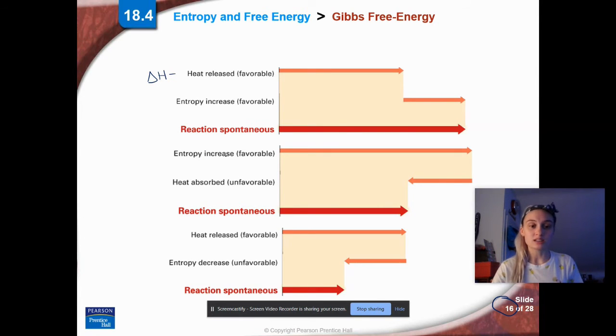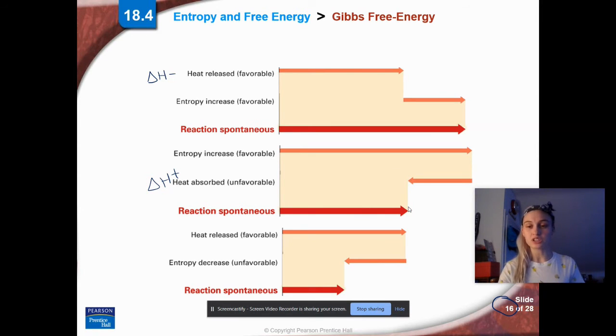When entropy is increased, which is still what we want, but heat is absorbed, so this is a positive delta H, which is not what we want. We don't want to gain the energy. Remember, spontaneous reactions release energy. So that's unfavorable. The reaction will still be spontaneous, but not as much.